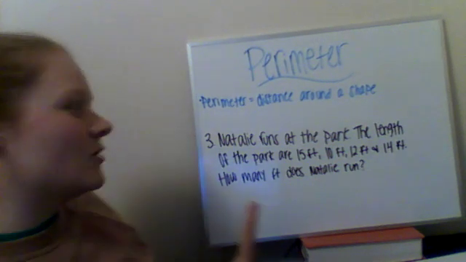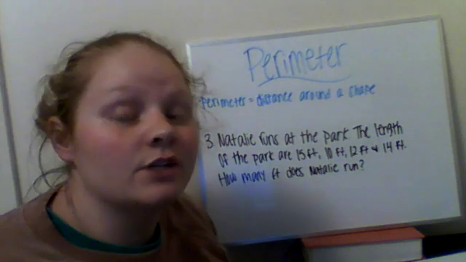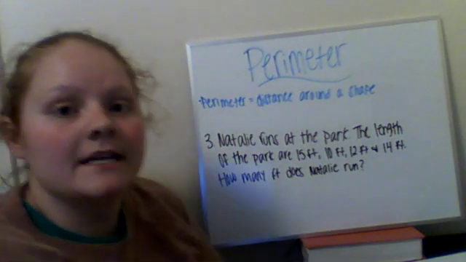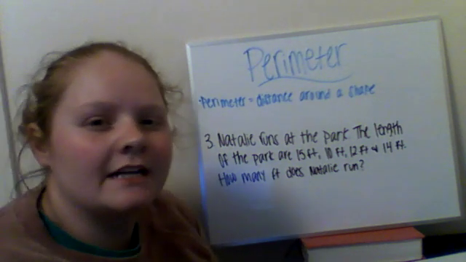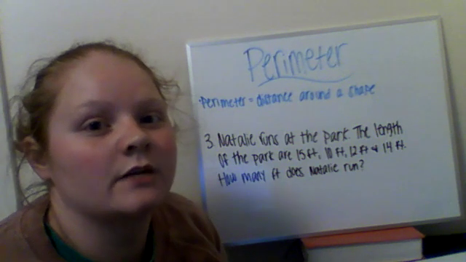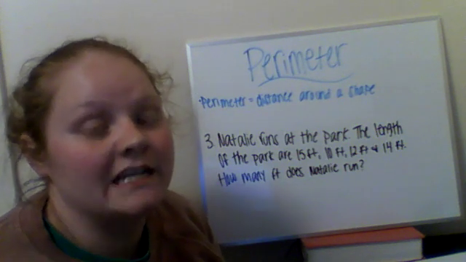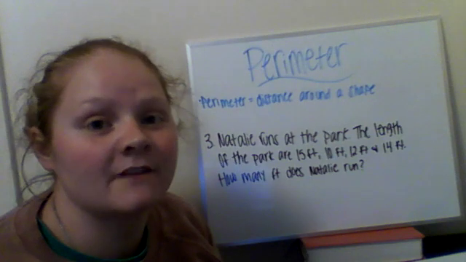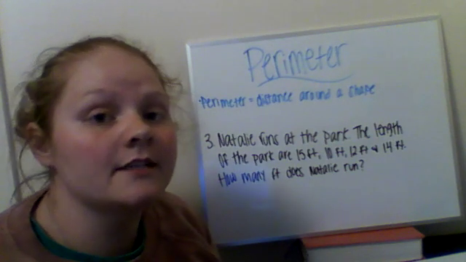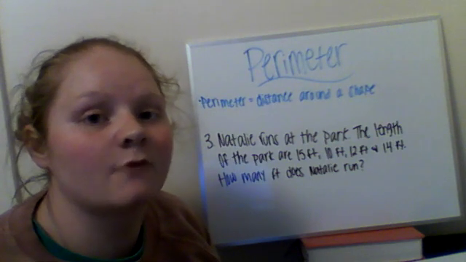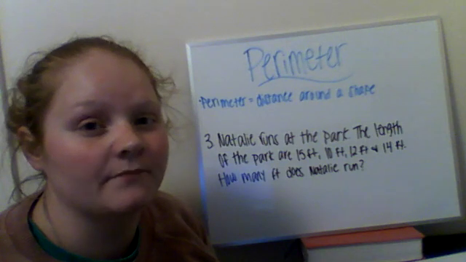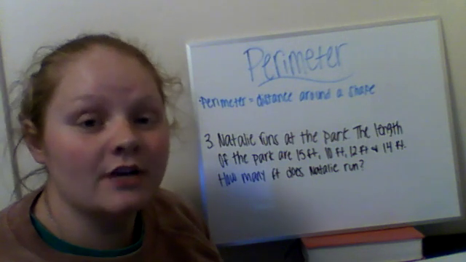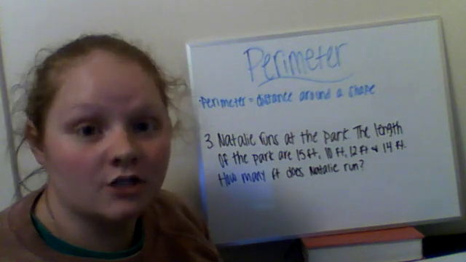Okay, so one thing that you could be noticing about this problem is the question is kind of asked differently than what you would expect with perimeter. Okay, and in the other two example word problems, I've asked specifically what the perimeter is. In this problem, I've kind of asked for the perimeter in a different way. Okay, so let's look at our problem and figure out what it's trying to ask us.